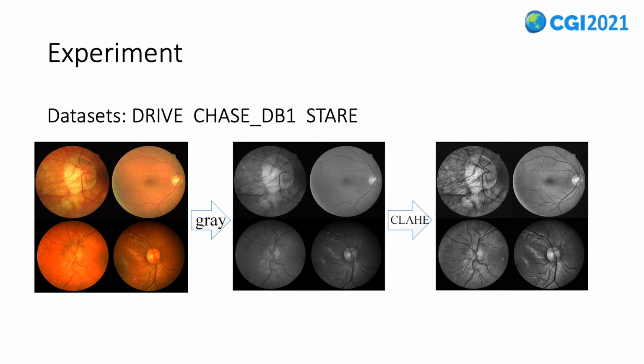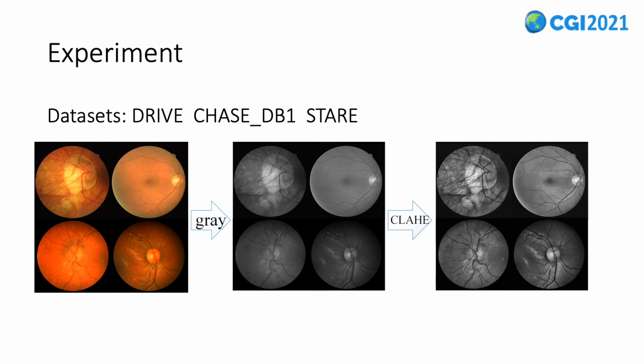During training, color images were converted to grayscale images, and then we exploited contrast limited adaptive histogram equalization to improve contrast in images.